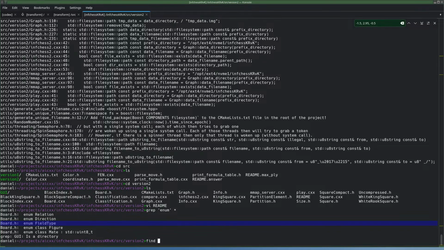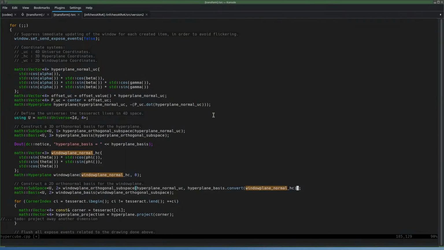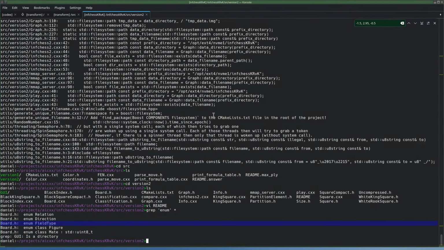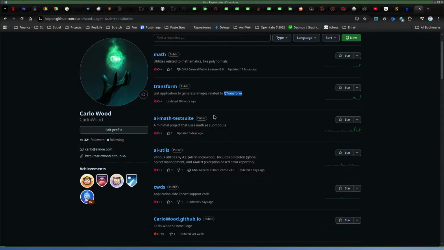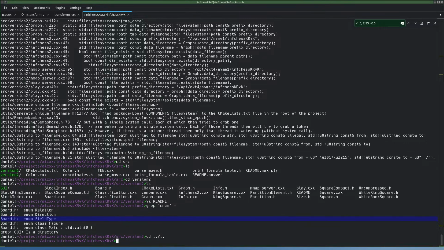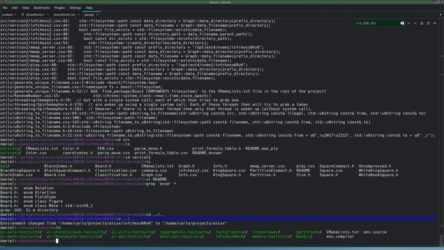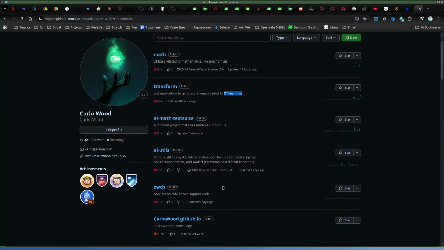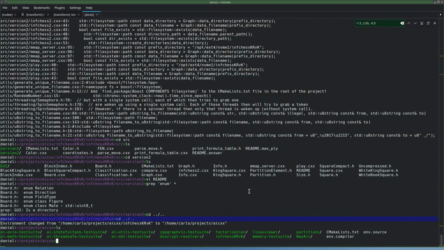Find. Okay, it's one of those, right? So, well, no. Things that I just mentioned. So math. Math is in here. Well, everywhere basically. Transform is also in here.